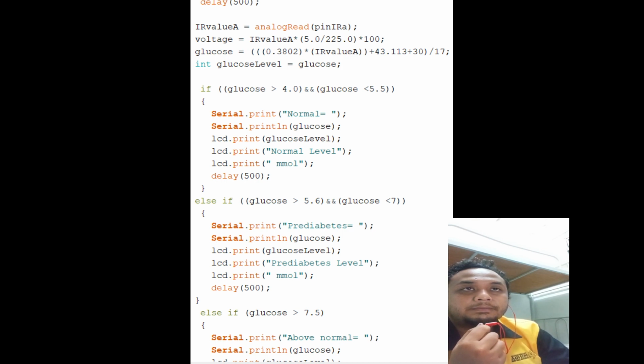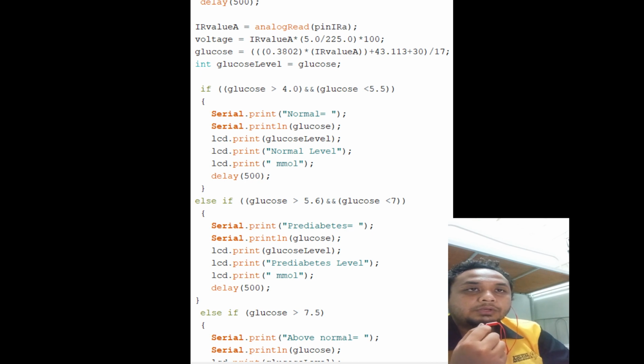So first overall we try to determine the IR value. We must do the analog read first, then the voltage calculation. The voltage formula is IR value times 5 divided by 1023, and then multiplied by 100.